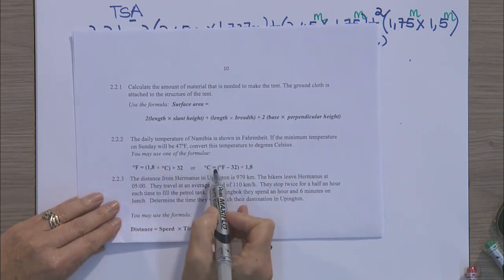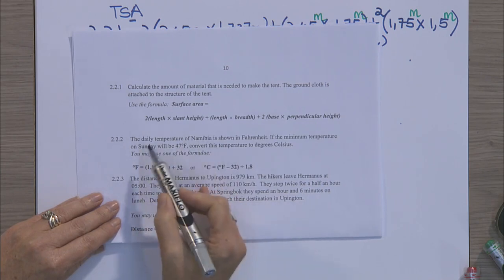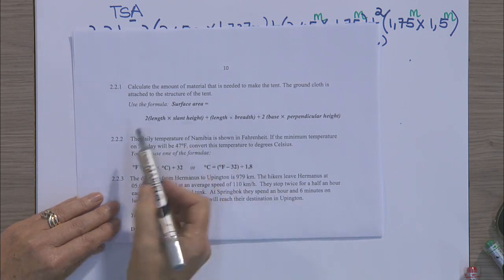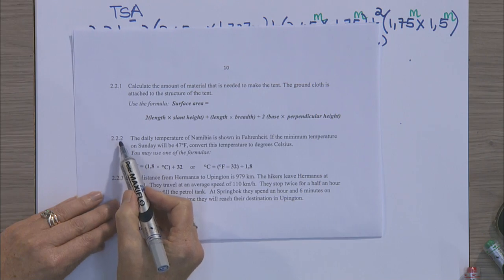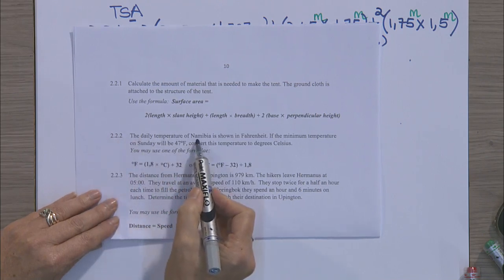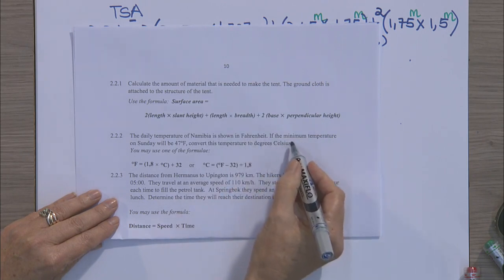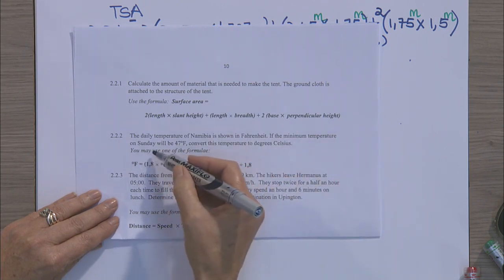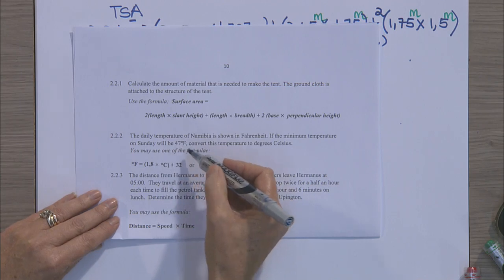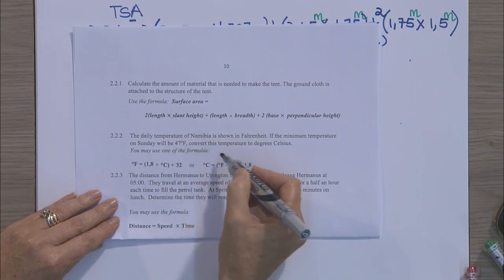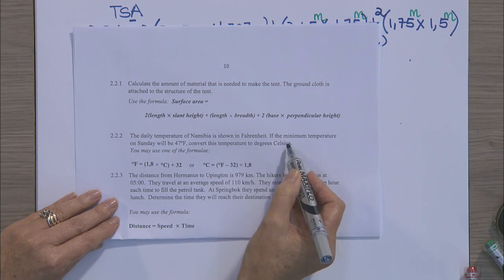So this is a question on temperature, which is also measurement. It's 2.2.2. The daily temperature of Namibia is shown in Fahrenheit. If the minimum temperature on Sunday will be 47 degrees Fahrenheit, convert the temperature to degrees Celsius.